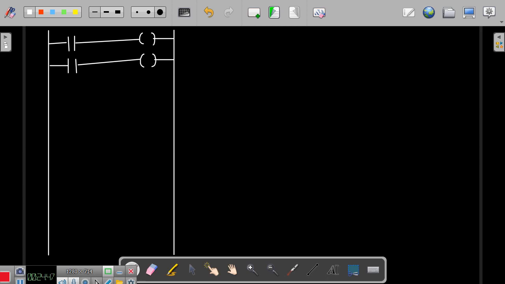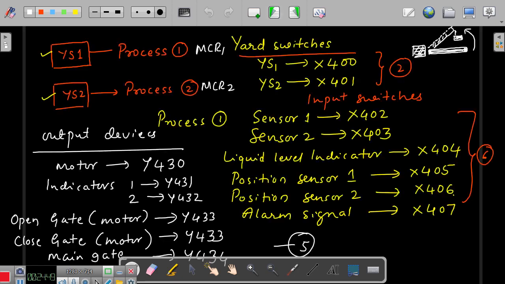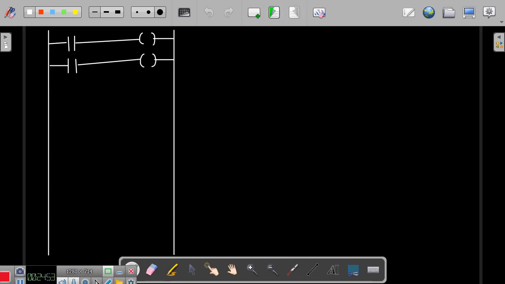My yard switch 1, I had considered as X400. This is X400 and this is X401, and this is MC1 and this is MC2, the master control relay 1, or you can take it as MCR also, MCR1, MCR2.